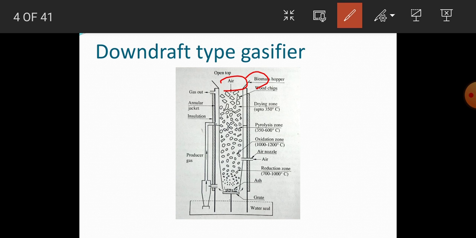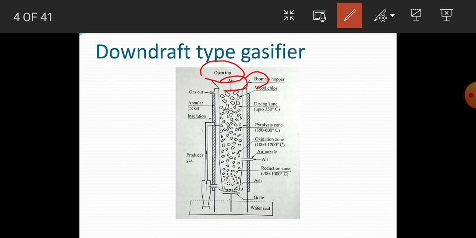An open top down draft type gasifier is shown in the slide. Biomass is loaded in the gasifier from the open top.